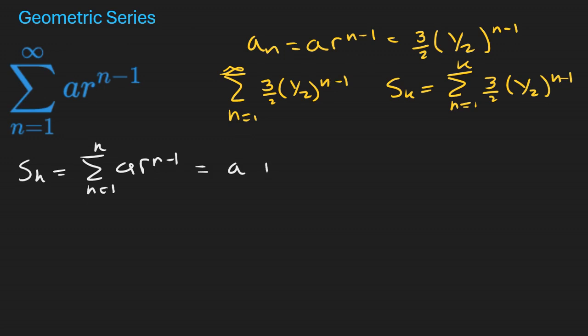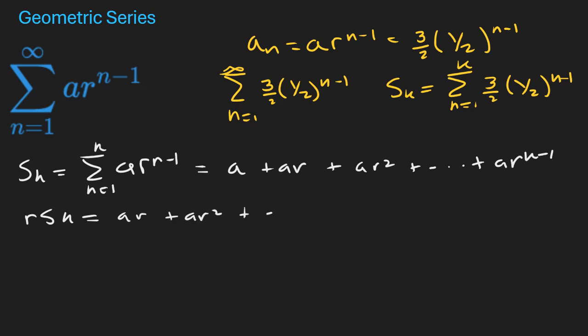Expanding this, you'll have a plus ar plus ar squared, and then basically you have ar to the k minus 1. Now, if we multiply s sub k by r, we'll have ar plus ar squared, and the last term is going to be ar to the k.